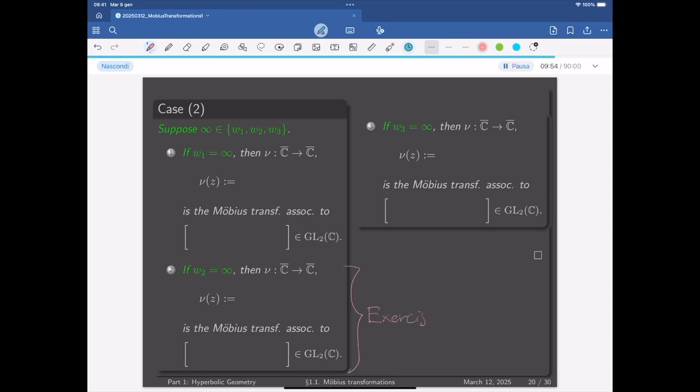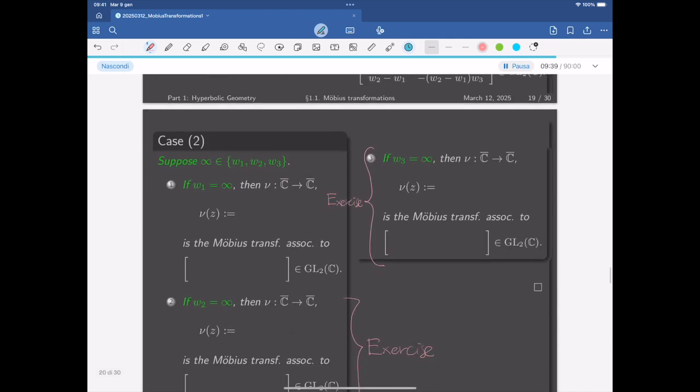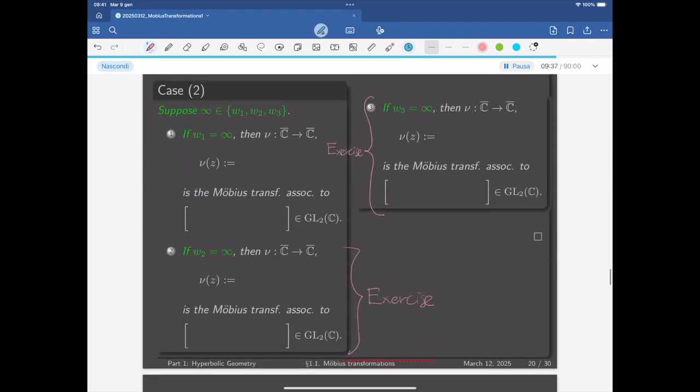But the point is that I'm going to follow the very same simple idea. I want to send W1 to 0, W2 to 1, and W3 to infinity. And W1 is infinity.